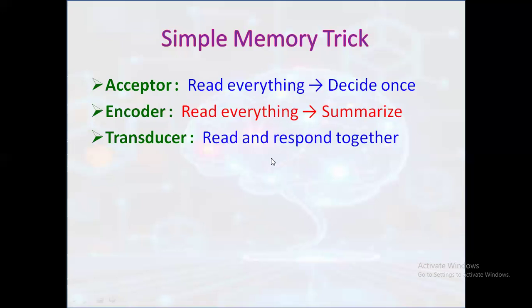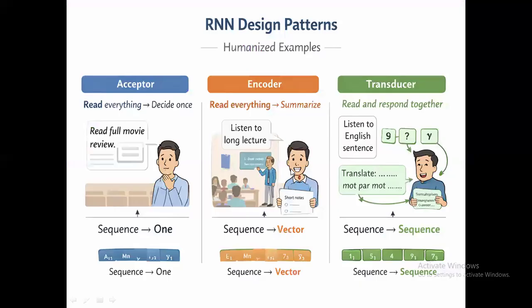In the transducer pattern, the model reads and responds together, just like how I translate speech word by word while listening, or take live notes during a lecture. The RNN produces an output at every time step, ensuring continuous time aligned responses. This memory trick helps clearly understand when outputs are generated and how sequences are processed in different RNN applications.